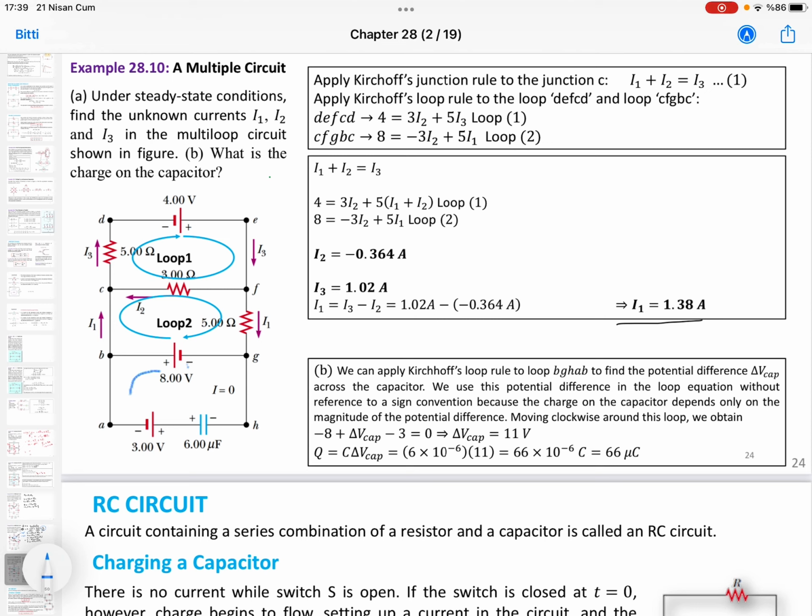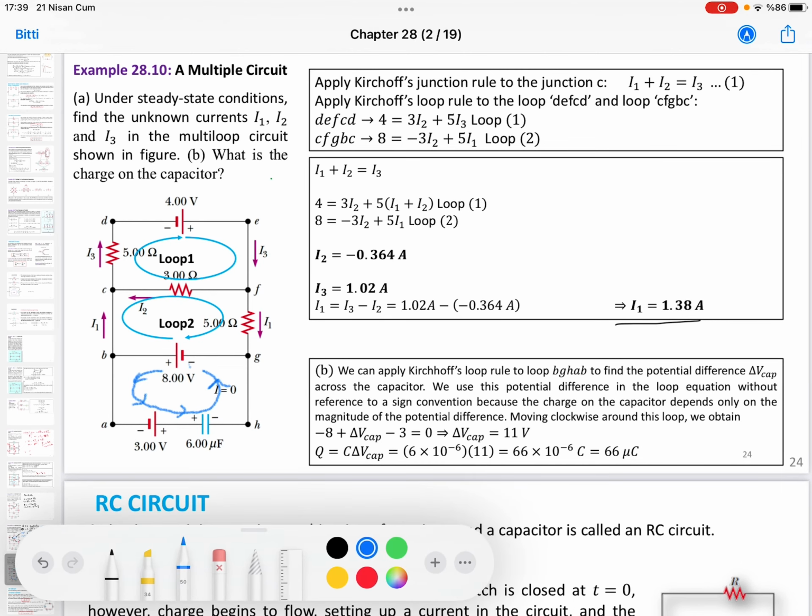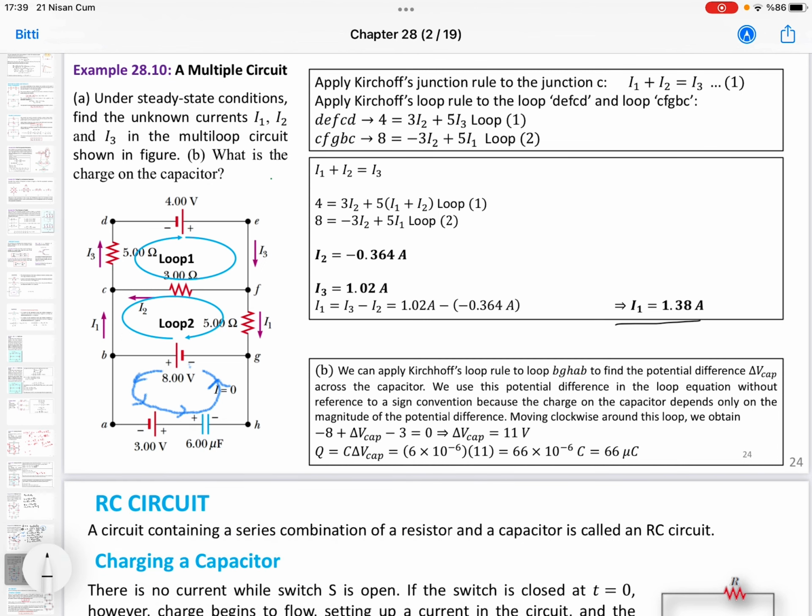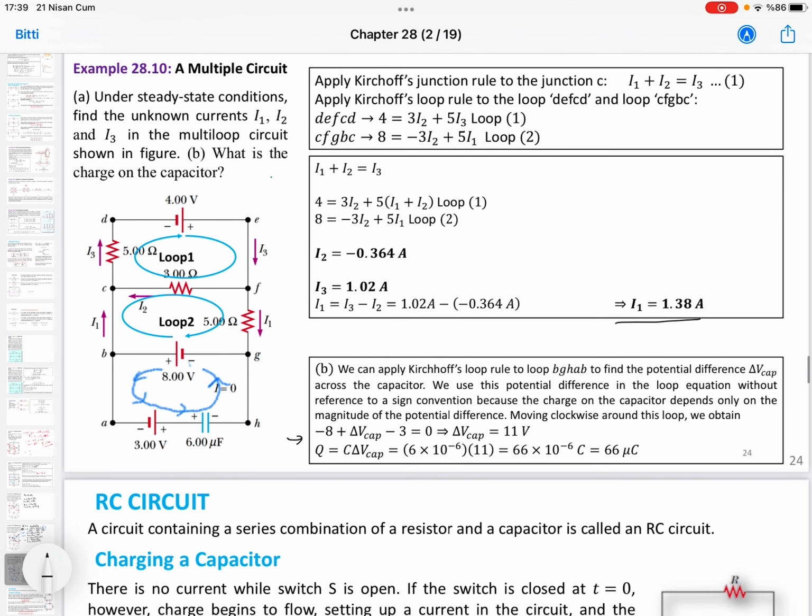So I will start my loop from here, then continue and complete it like this. Again, I can write my information. Actually, in the question they choose, I think, from the minus sign. Anyway, it doesn't matter. Actually, I will follow my rule.